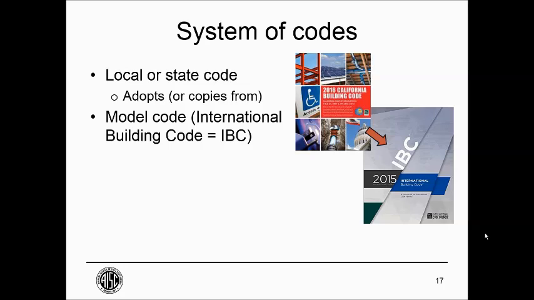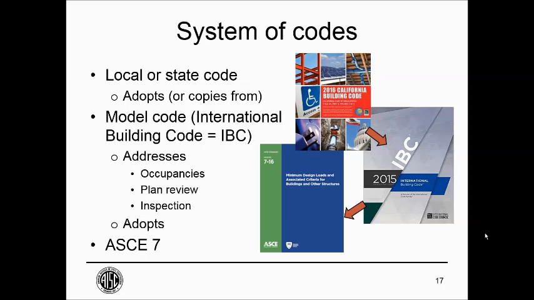So we've got a building code represented by the International Building Code. That is going to address what the different types of occupancies are, what's required for plan review and inspection, a number of architectural requirements, but not generally a lot of structural requirements. Most of the structural requirements are in ASCE 7.